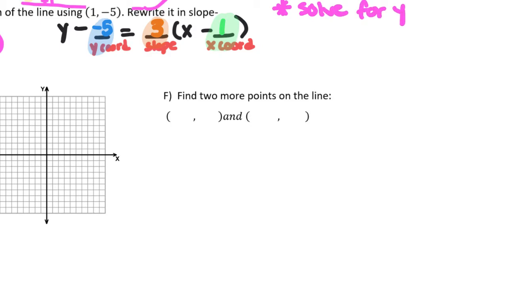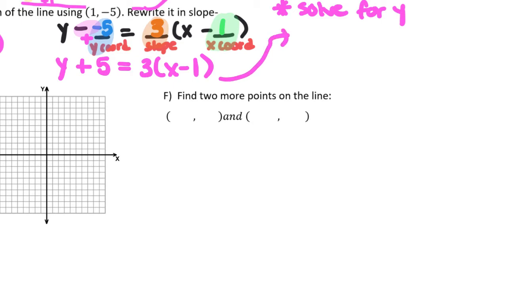So in order to do so, first I notice that I have this minus and negative. And we know that whenever we have minus and negative, this becomes a plus. So I can rewrite this as y plus 5 equals 3 times x minus 1. Then to continue solving, I would have to distribute the 3. So the y plus 5 stays the same. And I multiply 3 times x, so it gives me 3x.